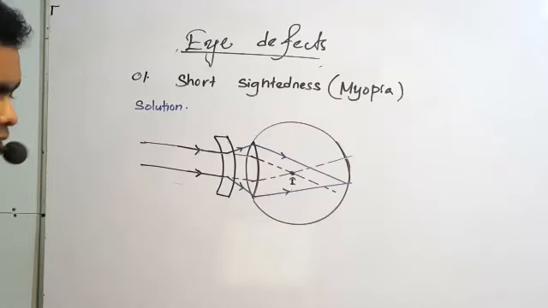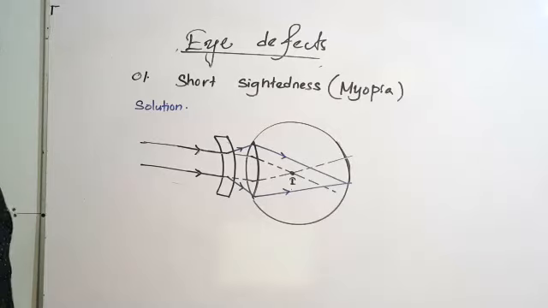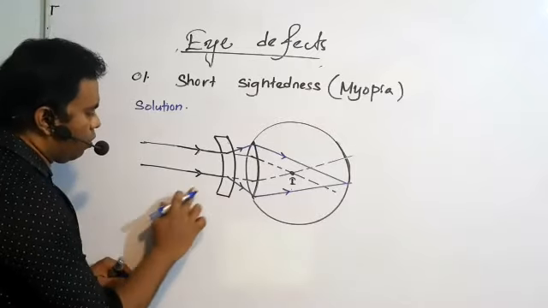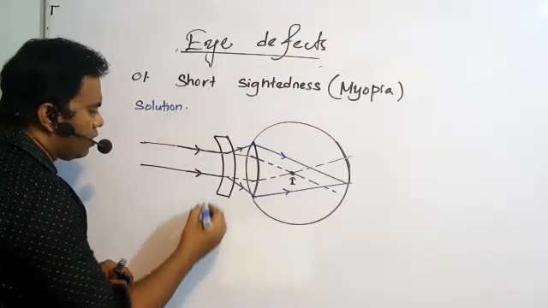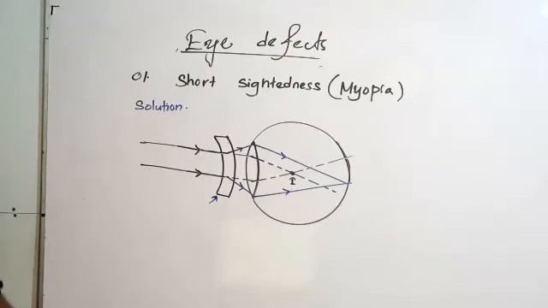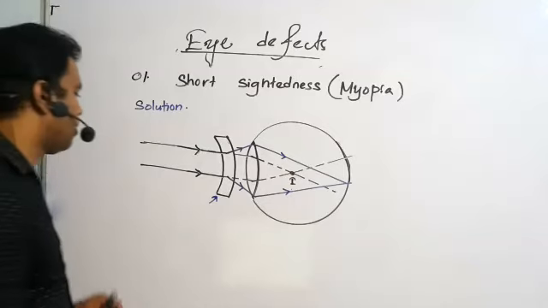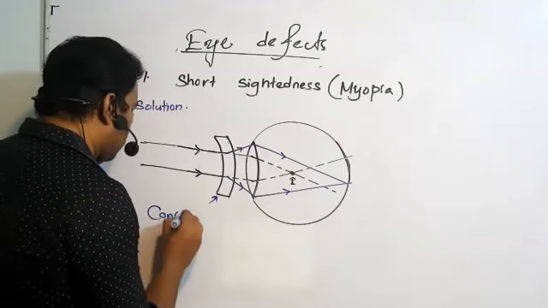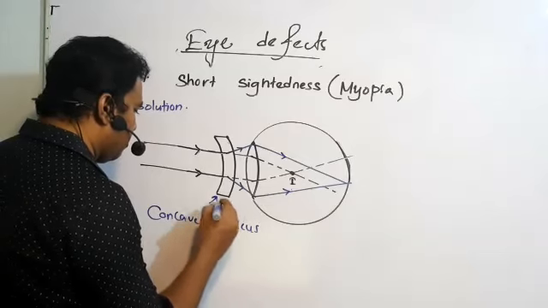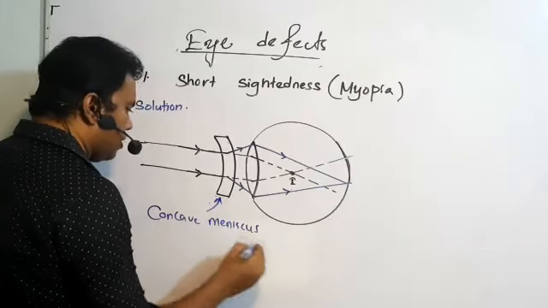Good. Now draw this diagram. These are not biconcave or biconvex like the earlier case. They are known as meniscus. Okay, concave meniscus lens.